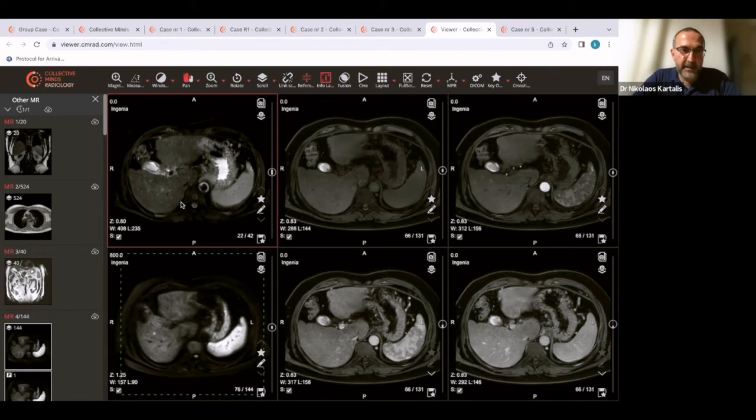So just to make your life a bit easier, I have some annotations on the images that you need to review. We have all the images that are necessary here, and I will try to go through them. So this is the T2.